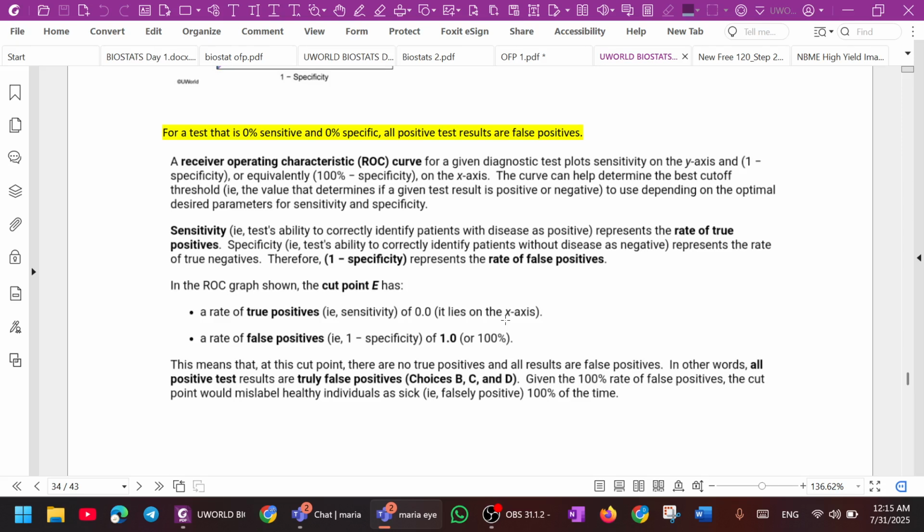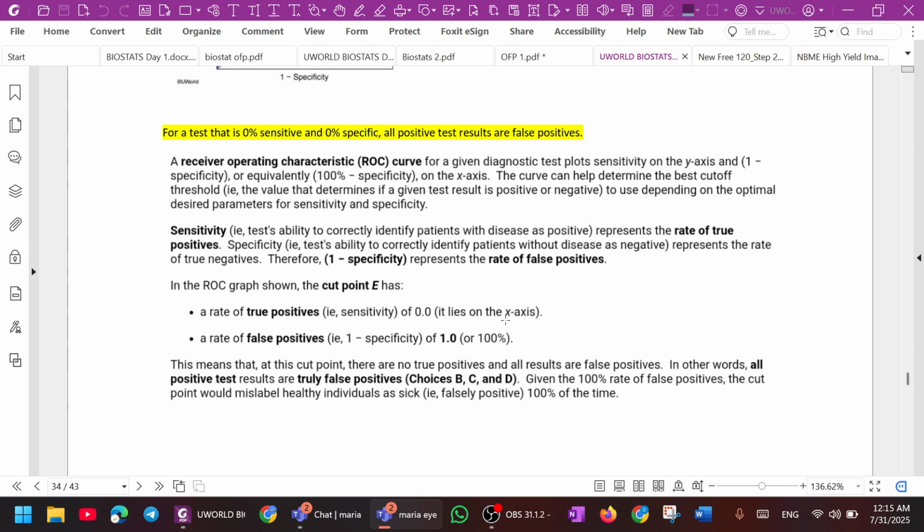As we go to this side, the specificity gets higher and higher, and as we go up, the sensitivity gets higher. So here I'm thinking the false positives will be super high, so the specificity will be low. Does it make a little bit of sense?